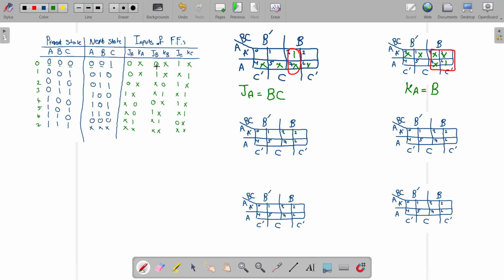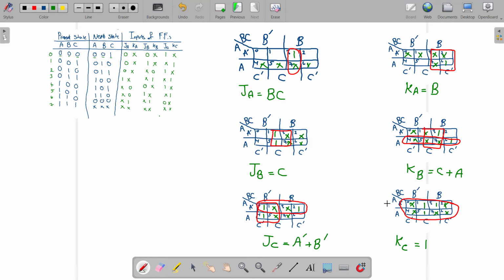Similarly, using this column and these columns, we can find the JB, KB, JC, KC in this form that I want to show you. Okay, after finding all of the J's and K's, using the 3 flip-flops, we can draw the circuits in this form that I will show you.